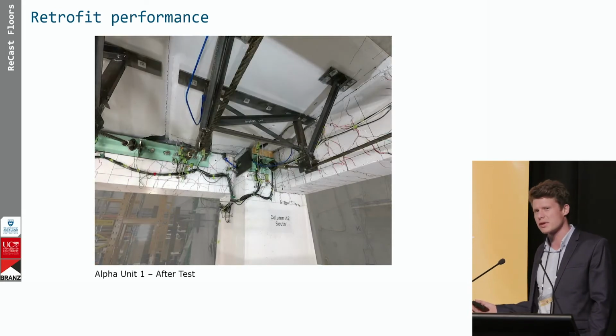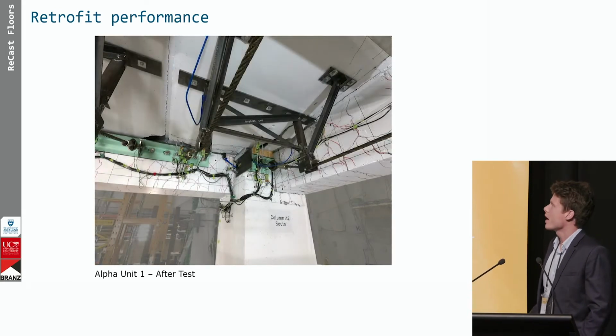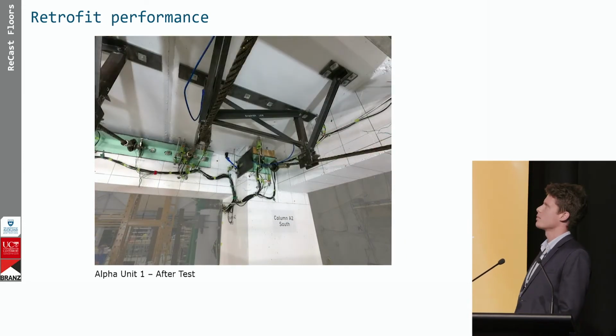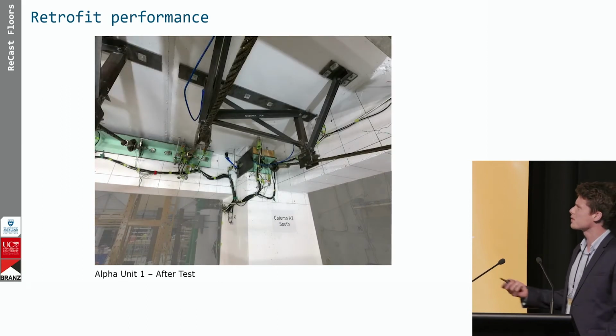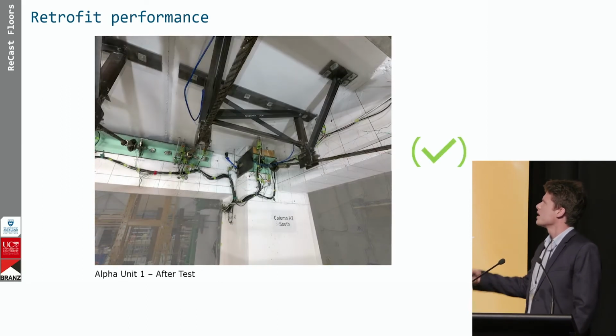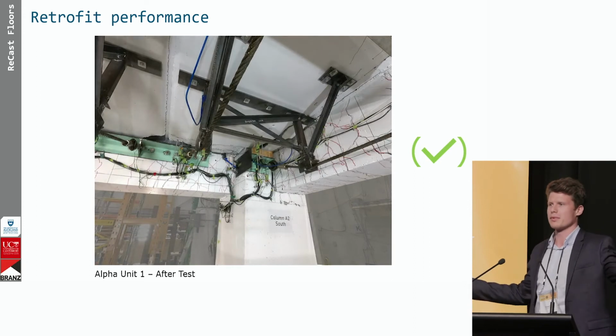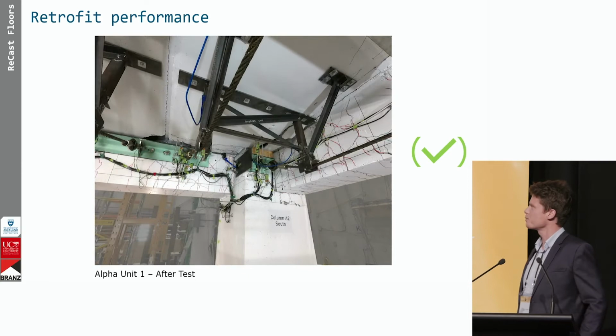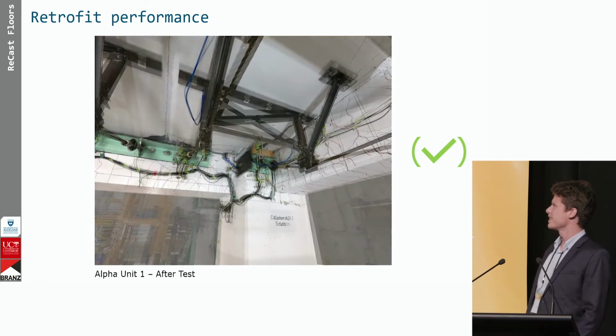So how does it influence the diaphragm performance? And then during the installation, we also experienced that it's quite complex to install those cables. So there are a few tricky things about the cables. So yeah, they kept the floor up. They prevented the floor from falling down. But yeah, it's probably not the best retrofit.